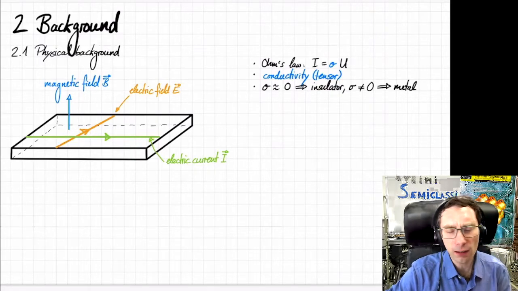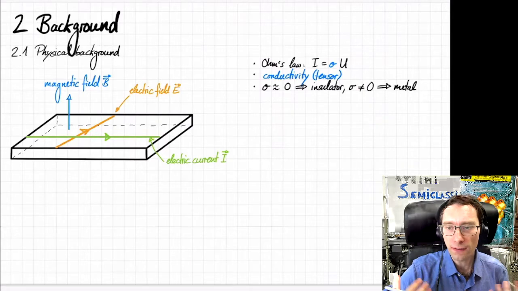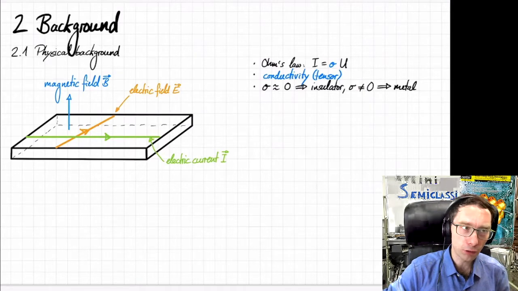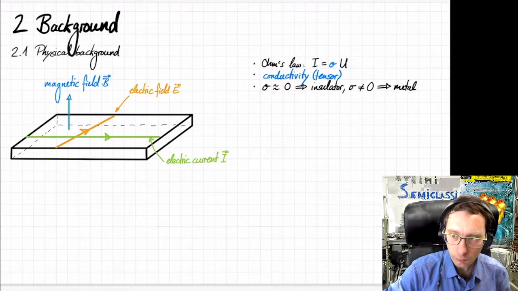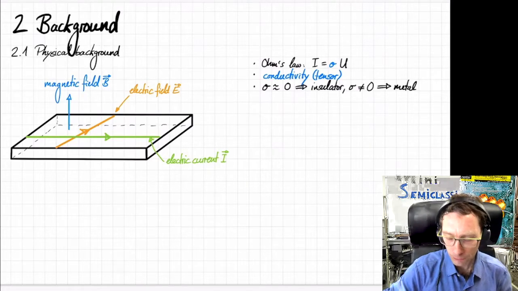If you really get into the nitty-gritty, of course, there are different types of conductors, but just to unburden my speech a little bit, I will use conductor and metal interchangeably here.